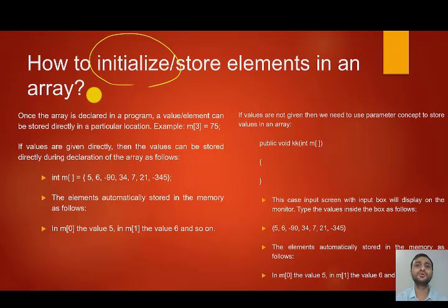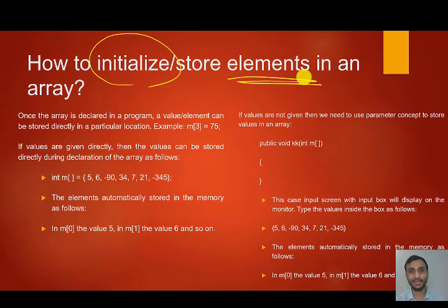When you give value to a variable, that is known as initialization. Declaration of variables means creating a variable. Initialization of variables means giving a value to the variable. Similarly, declaration of an array means creating an array. Initialization of an array means to give values or to store the values. Values here in an array we call elements.